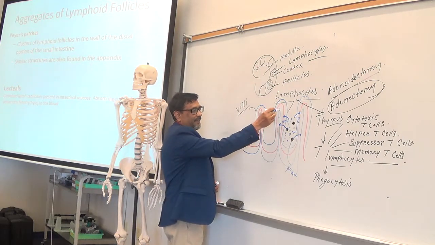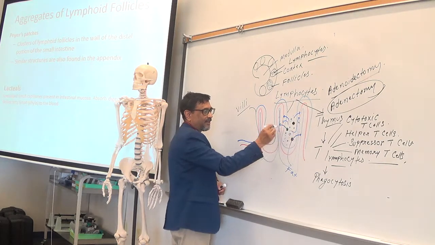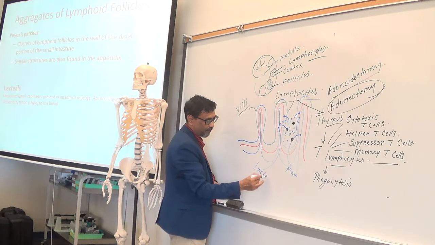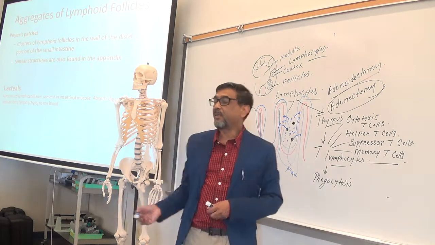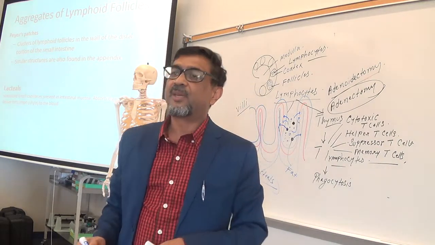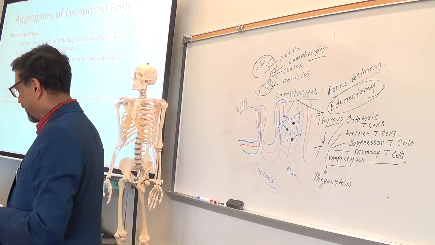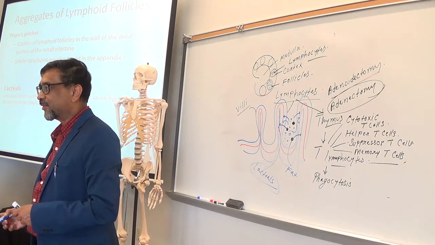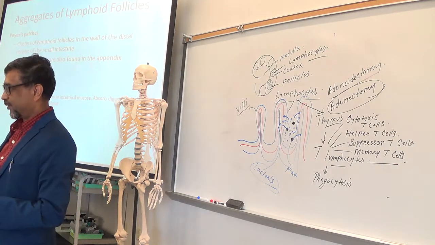And these lymphatic capillaries that receive the fat molecules are called lacteals. So lacteals are the lymphatic capillaries in the villi of the intestine. Makes sense? To absorb what? Fats. And blood capillaries are there to absorb what?